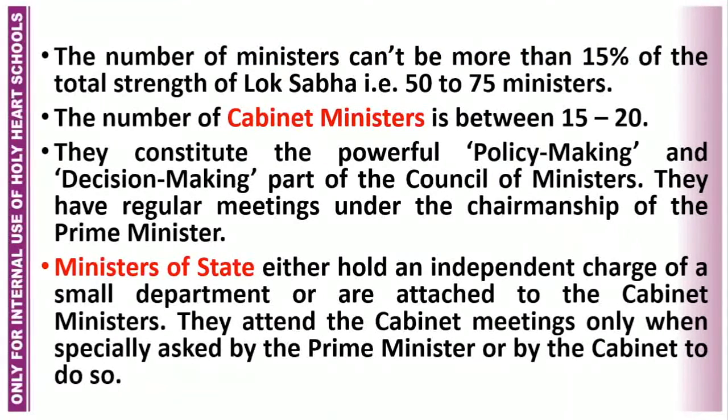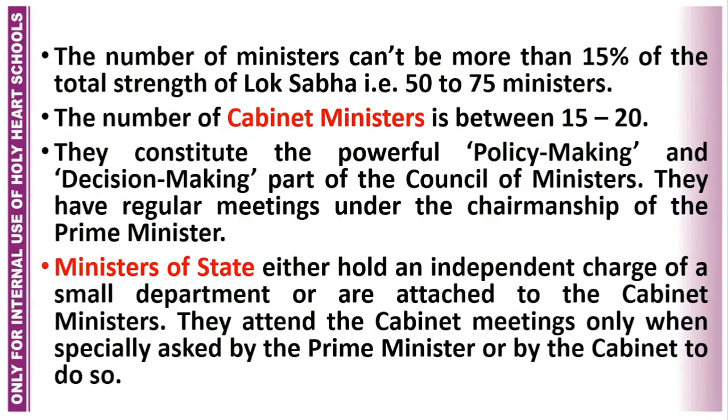The number of ministers can't be more than 15% of the total strength of Lok Sabha. The total strength of Lok Sabha is 545 members, and 15% of 545 is about 50 to 75.